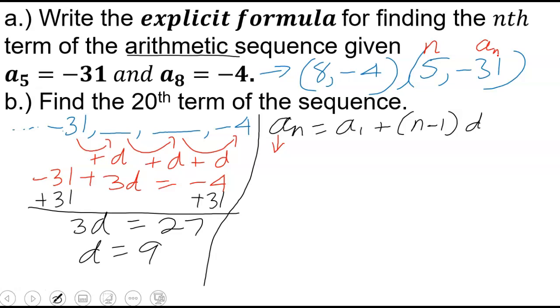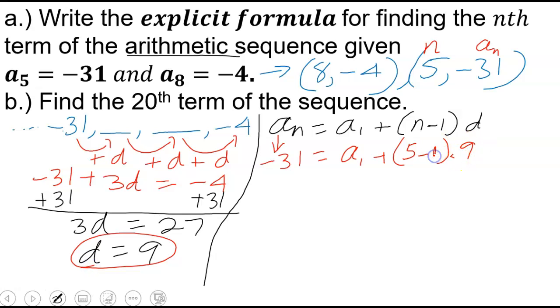So AN is -31 equals A1, which is what we are looking for, plus N minus 1 times D. N here is 5, and the common difference we found is 9.